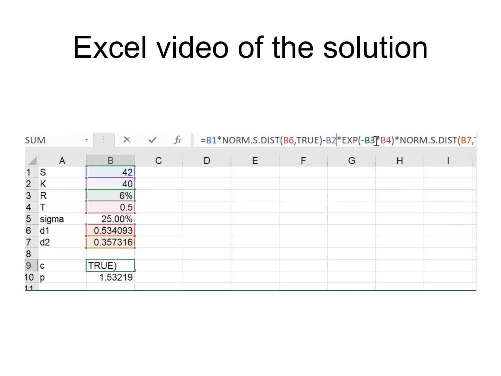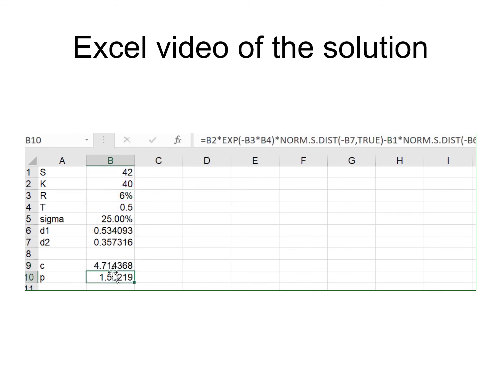R is B3, T is B4, okay? Times N(D2). Again, N is NORM.S.DIST, D2 is B7, and we say true. So now let's return. We get the call price is 4.71.